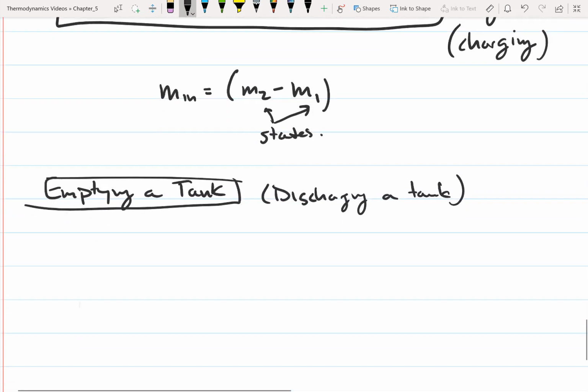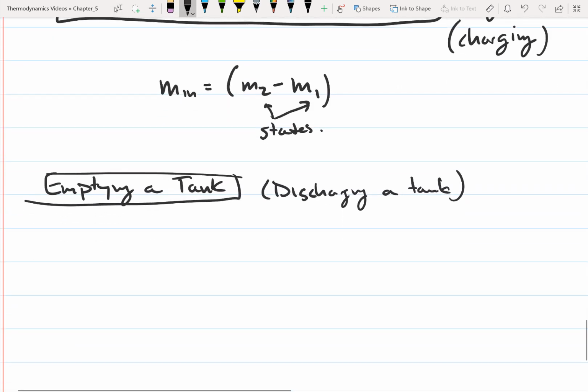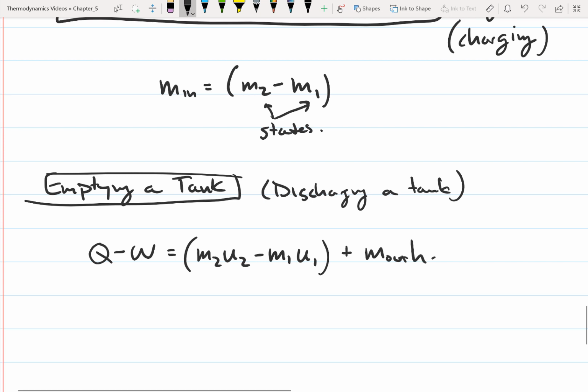So we basically end up with Q minus W is equal to M2 U2 minus M1 U1 plus the mass out multiplied by the enthalpy out.